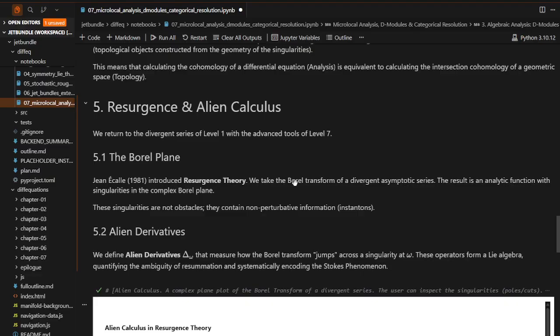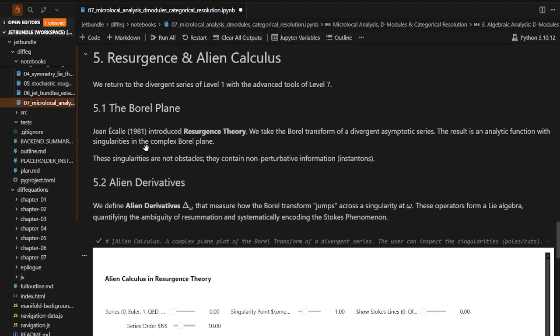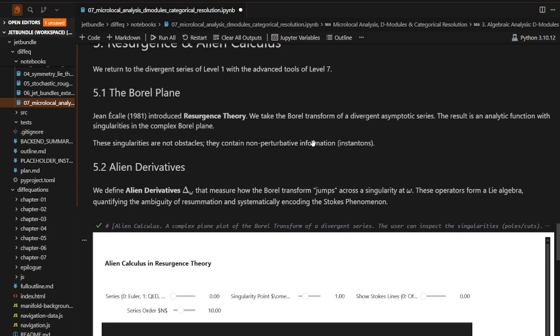Because they're like these solitons that don't scatter or anything, and they help us solve Yang-Mills theories. So again, the Borel plane tells us to take a divergent asymptotic series, apply a Borel transform. You'll get analytic functions of the complex plane with singularities, and these singularities will encode new non-perturbative physics with instantons and tunneling and all this stuff.